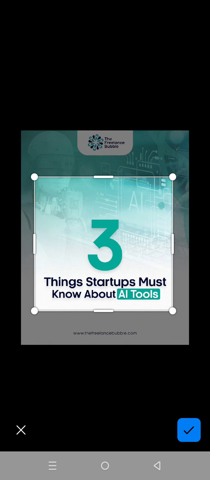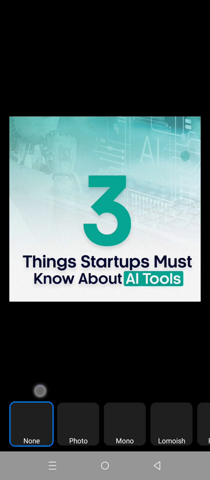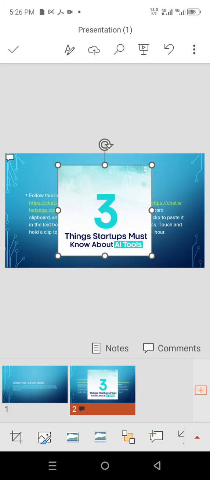Then for done, click on this tick icon and then finish. If you want to add a filter, you add it like this, then finish. So your picture is there.